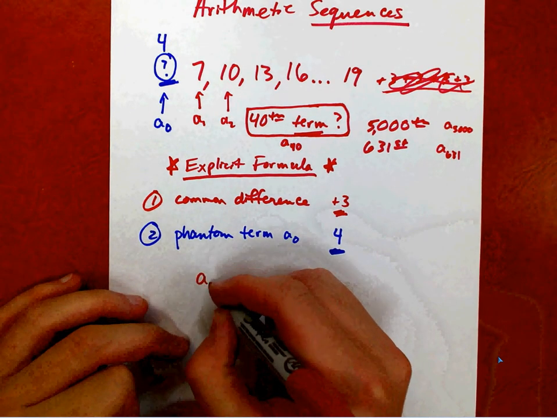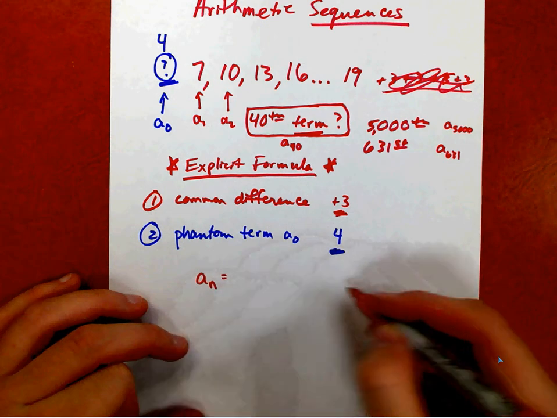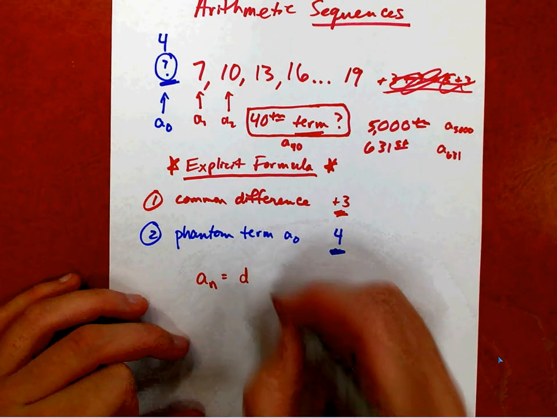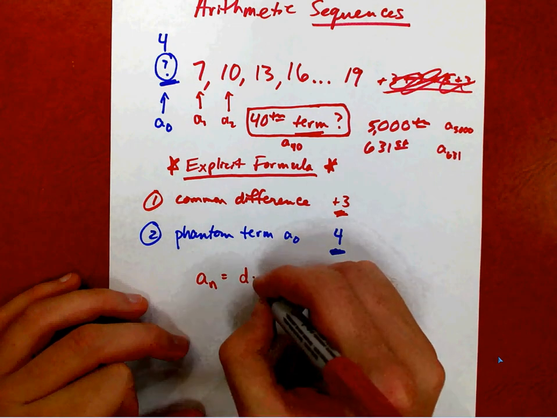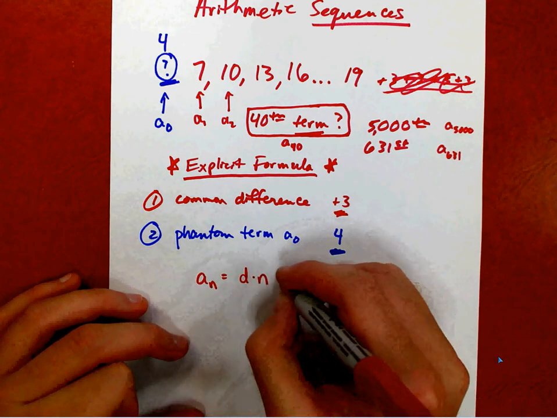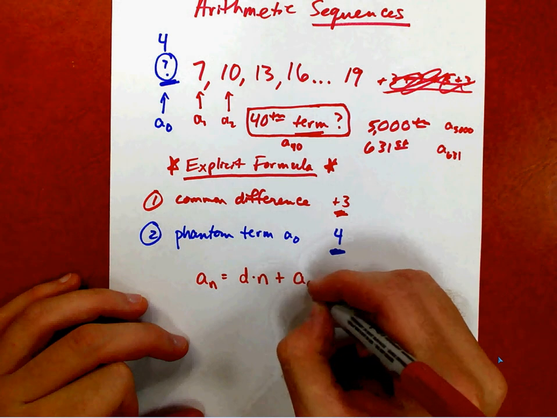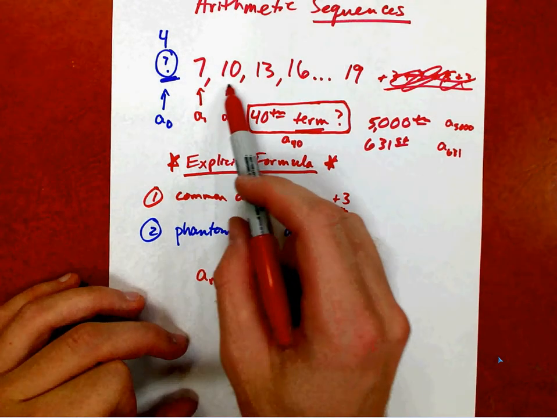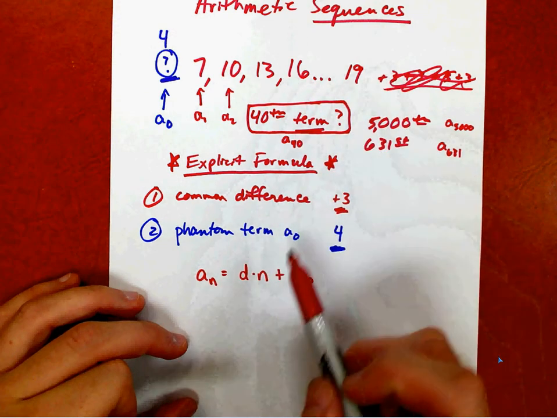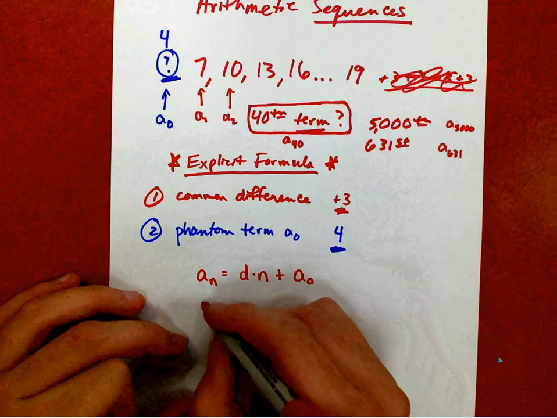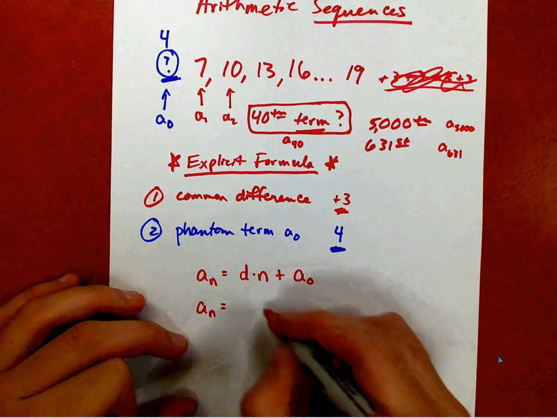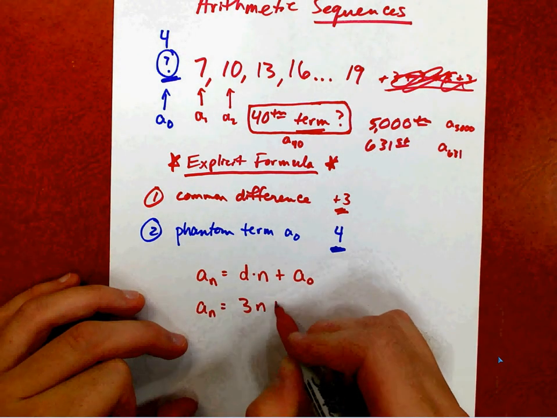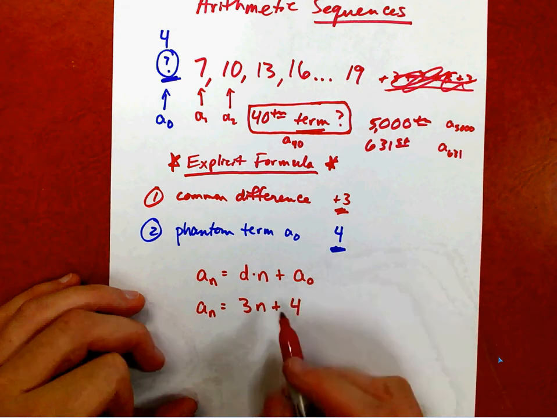We'll say the nth term can be found by taking the common difference times n plus the phantom term, which we'll call a sub 0. So in this particular instance, in the sequence that we're looking at here, a sub n is equal to the common difference, 3, times n, plus the phantom term, 4.